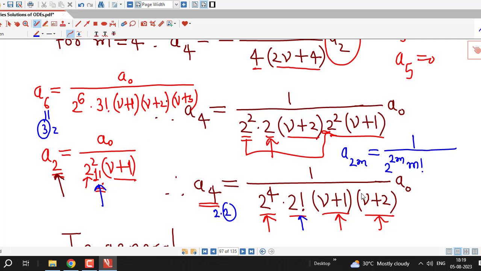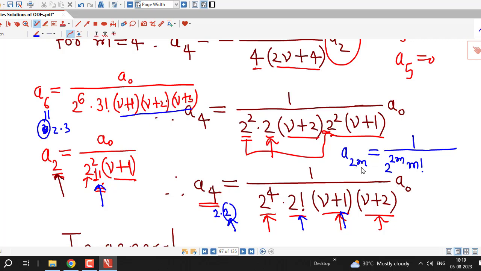And now we can see, if I have A4 here, 4 I can write as 2 into 2. Then I am going up to nu plus 2. If I have A6, then I can write 6 as 2 into 3. And here this product goes up to nu plus 3.